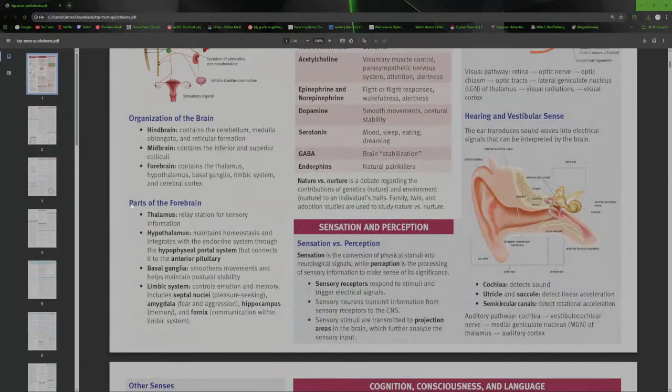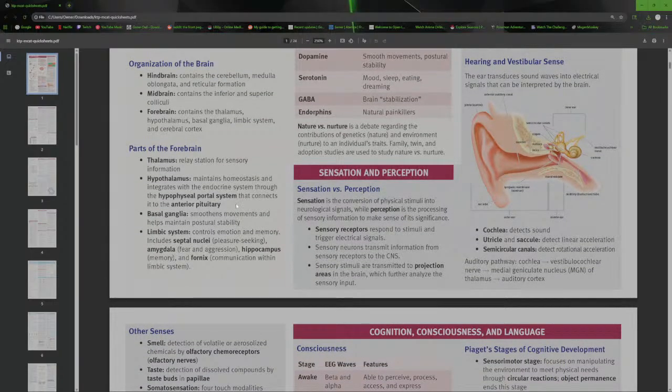Now let's dive deeper into the forebrain. The forebrain has many different parts that are very essential for our daily living, such as the thalamus, which I learned about in abnormal psychology, where they said it was always like a train station where all the information would be directed to the thalamus and then integrated there and transmitted to the correct cortex that it needed to go to.